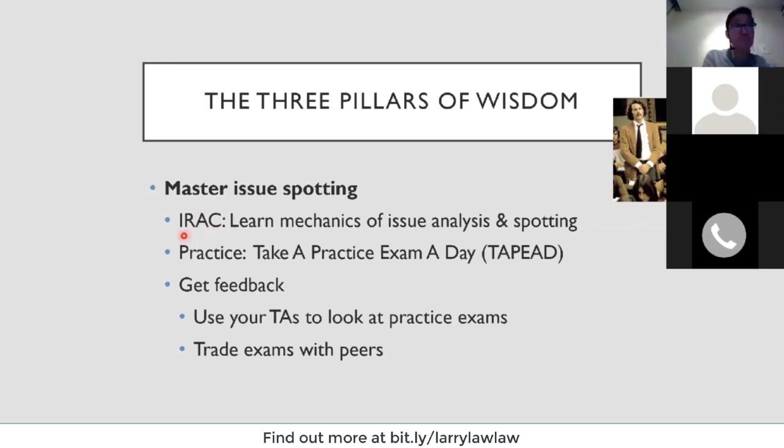So you need to learn how to do that in order to do an analysis and then to do issue spotting. How do you get good at that? My shorthand for this is to take a practice exam a day.